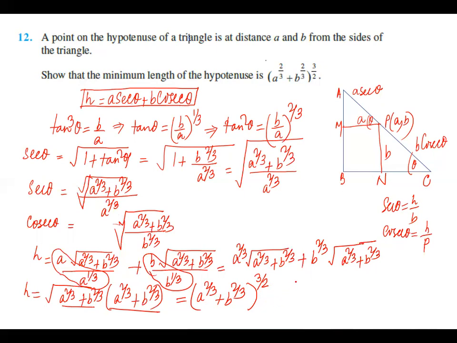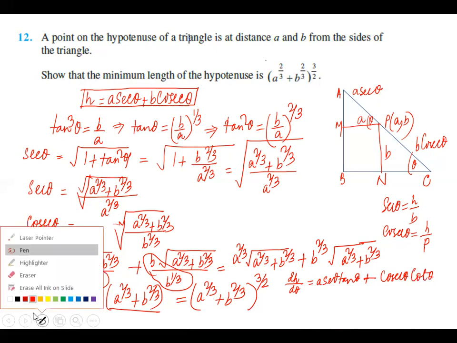Now how to verify? I'll start from dh by d theta. dh by d theta was a sec theta tan theta minus b cosec theta cot theta.